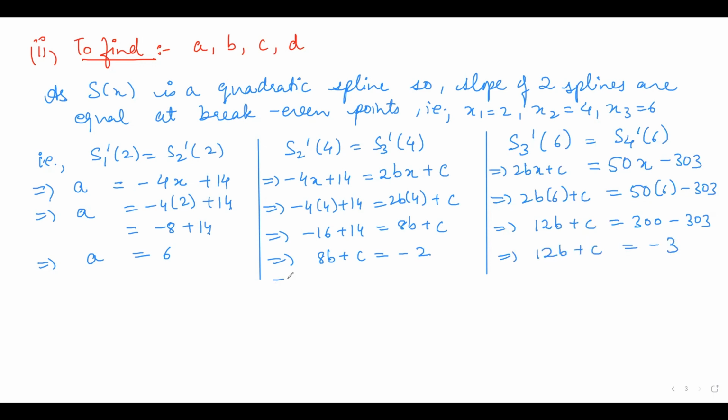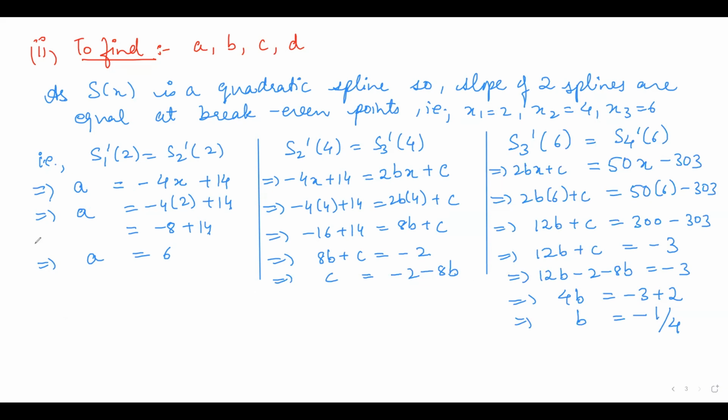So what we can do, I can take the value of c from here and I can substitute here. So this is equal to 12b minus 2 minus 8b minus 3. So here I am getting 4b as, b is equal to minus 1 upon 4, right?